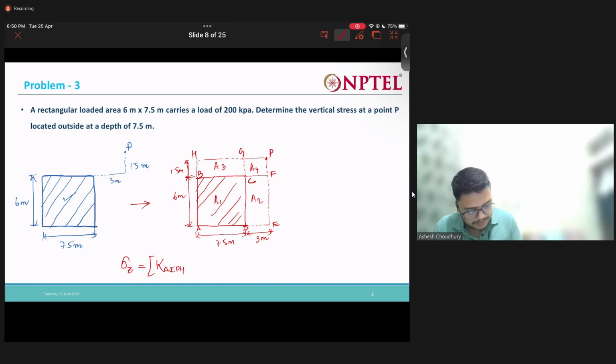K A E P H minus K B F P H, minus K D E P G. It is DEPG, this one, plus we will be adding this small part, because we have deducted this 2 times, so we will be adding that small part, LFPG or LCFPG.